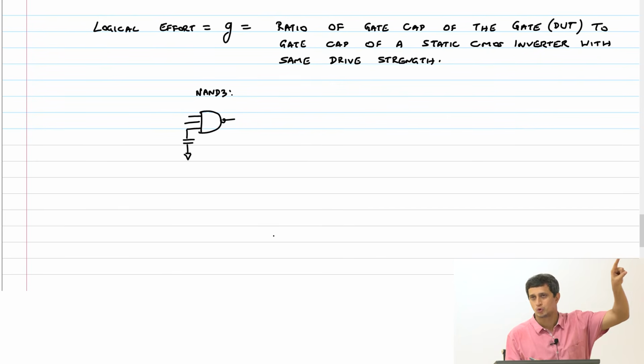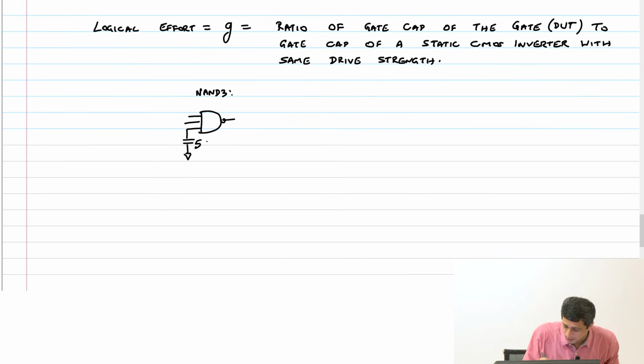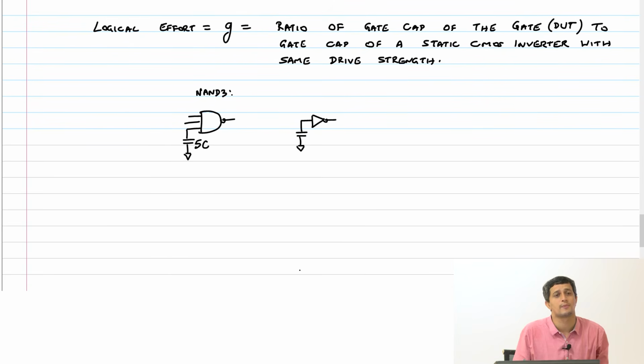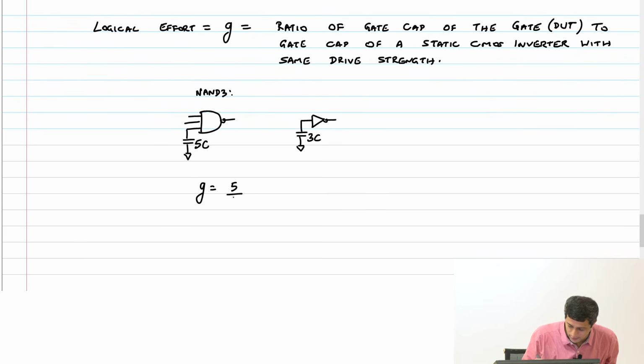PMOS is, all of them are 2, each NMOS, because there are 3 NMOS on the stack, each NMOS will be 3. So net capacitance will be 5C. I am now going to compare it with an inverter of the same drive strength. What is the inverter's capacitance? 3C. Therefore, logical effort is 5 by 3.